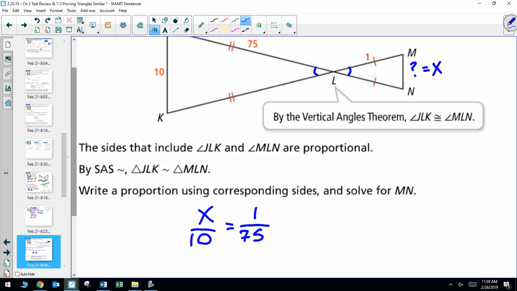But if you had x divided by a number, how do you undo dividing by that number? You multiply by what you're dividing by, right? So if I'm dividing by 10, I'm going to undo that by multiplying by 10. So if I times this side by 10, I need to multiply this side by 10.